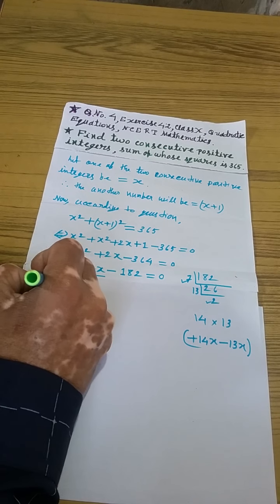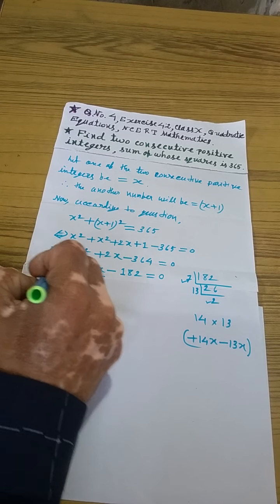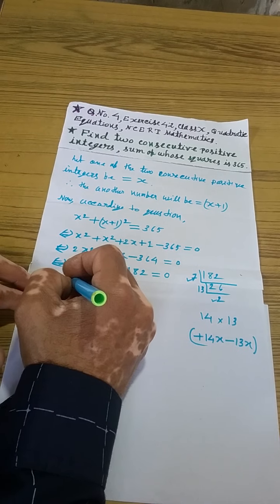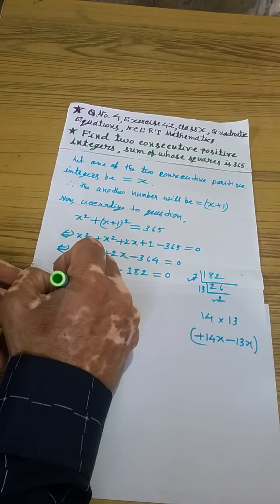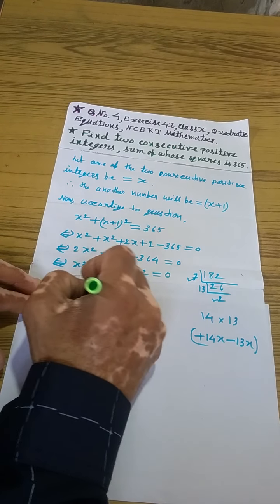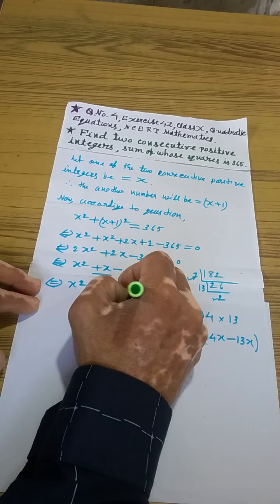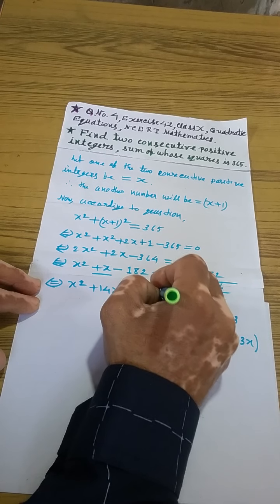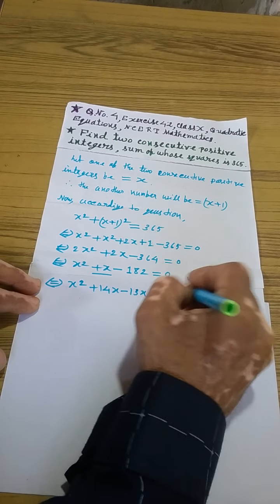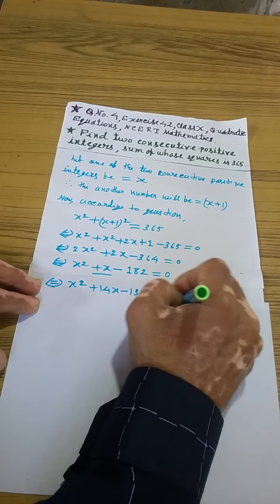So if we do so, that implies x square plus 14x minus 13x minus 182 is equal to 0.